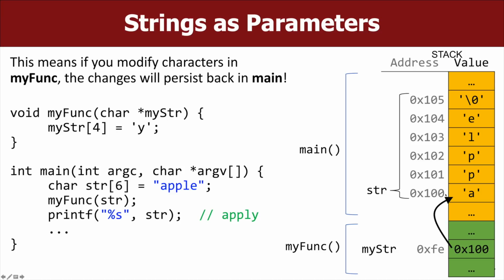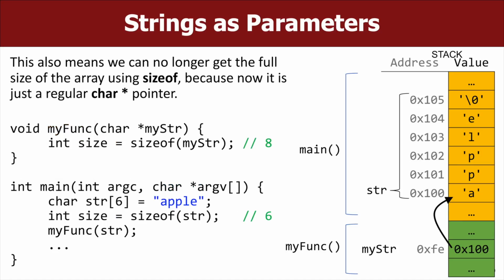So we're now at 0x104. Dereference that address, go to that actual memory location, and put a y there. So this looks like this. We would replace the e with a y. And this modifies the memory in main for the original str. So when we print out the string back in main, it would print out apply.